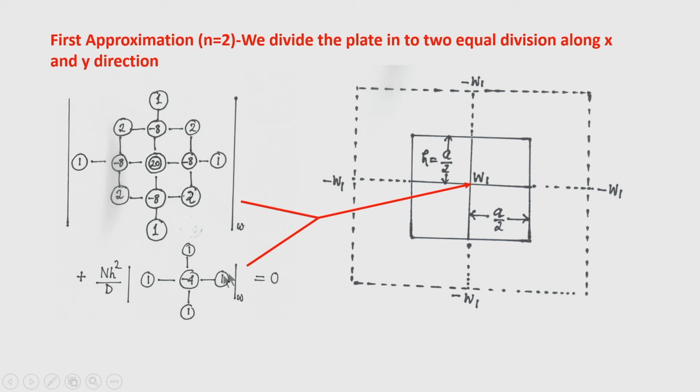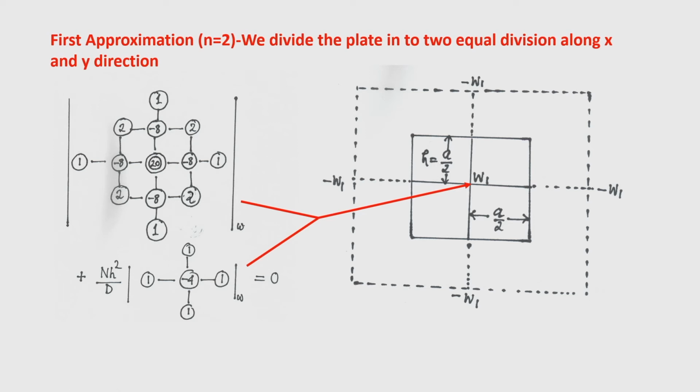So, now placing this finite difference term, this is for plate bending and this is for the axial compression terms. Okay. So, then if you place this stencil here, this node 20 should be placed here, this double circle should be placed here.